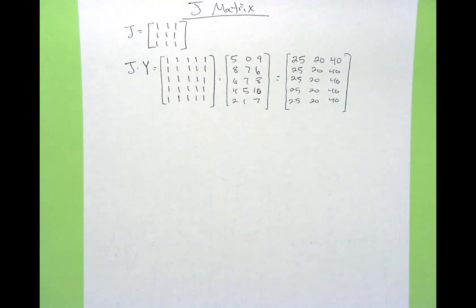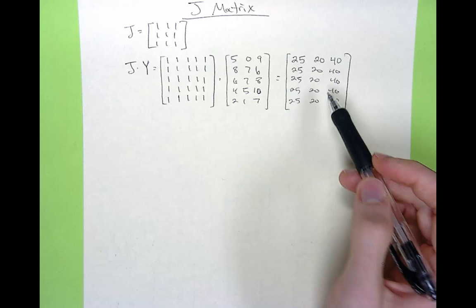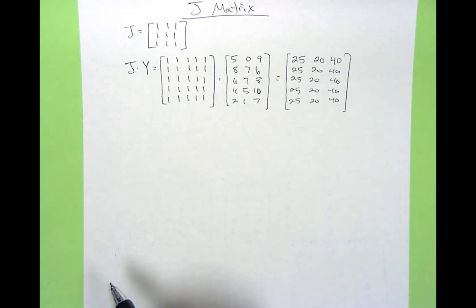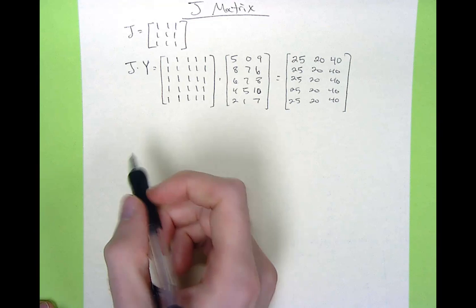Okay? Now if you just want column sums and you don't want something like this, you can pre-multiply by a 1 by 5 transpose vector to get a single vector of the column sums.